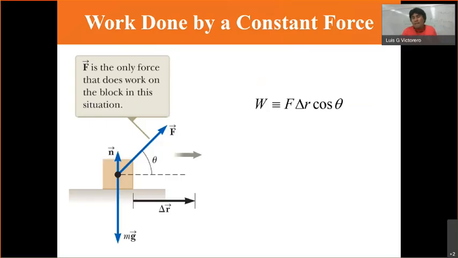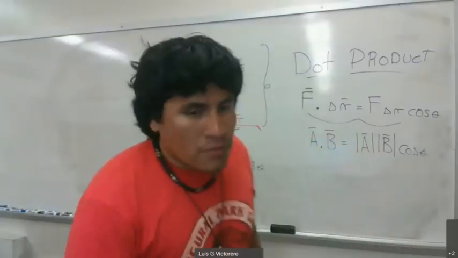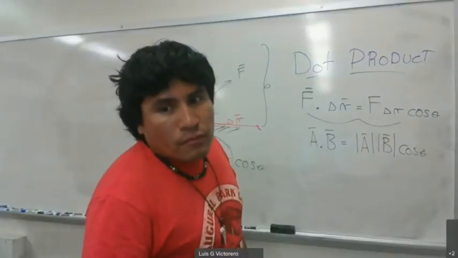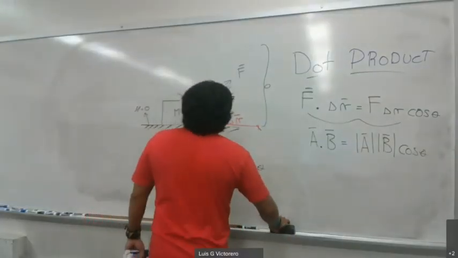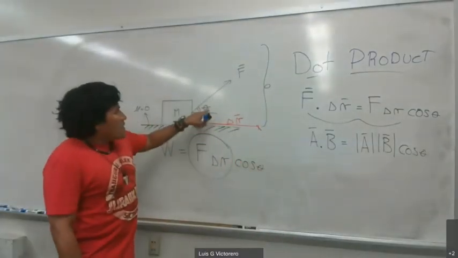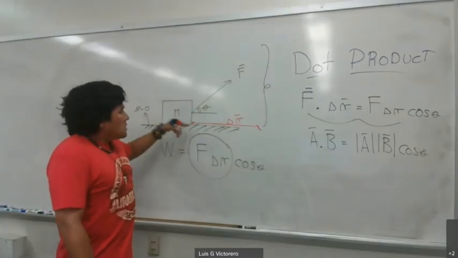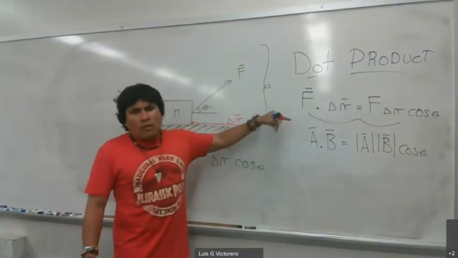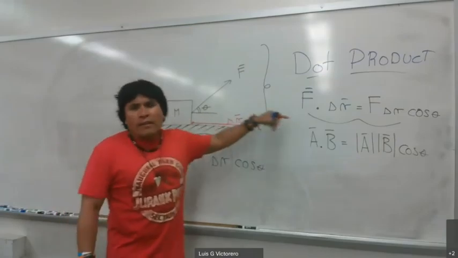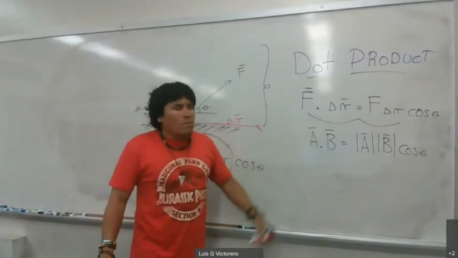So let's suppose you have the force and the displacement like this. Probably you will see what I mean with this. In this case, the angle is less than 90, right? It's acute. And also the force is making the object move to the right, so the work is positive.